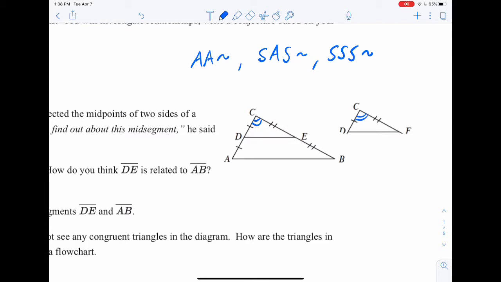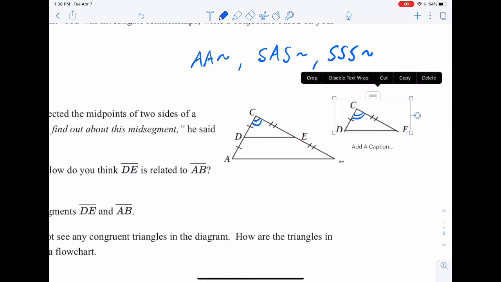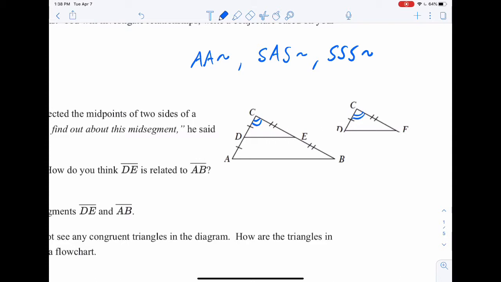Yes, I could take this image and move it around and measure, but really, we need to use whatever markings they give us in this problem. Since they don't mark any of the other angles, or tell us that the lines are parallel, we don't know that other angles are congruent. So that eliminates angle-angle.